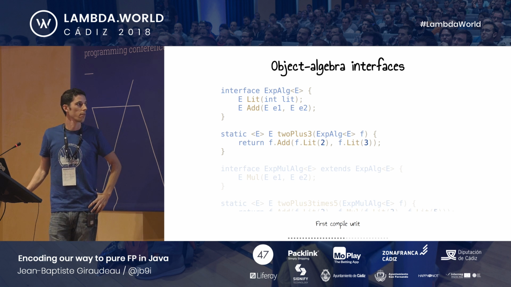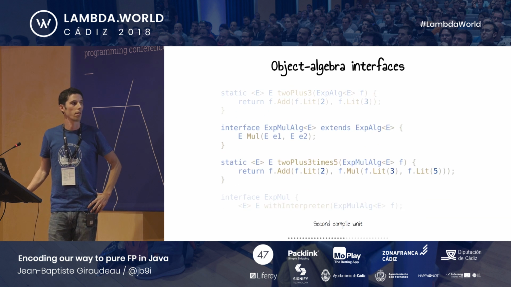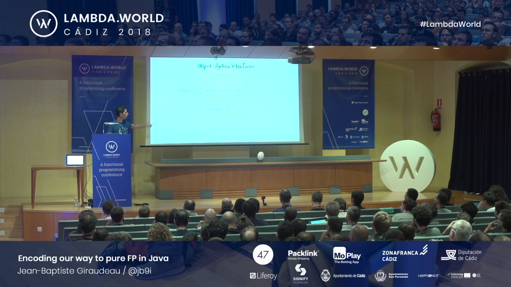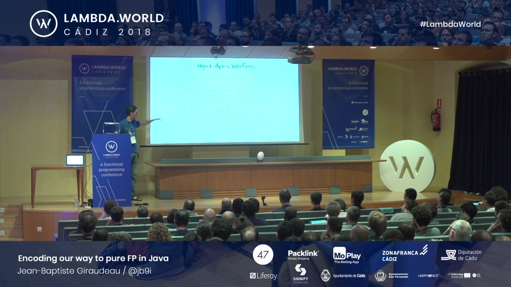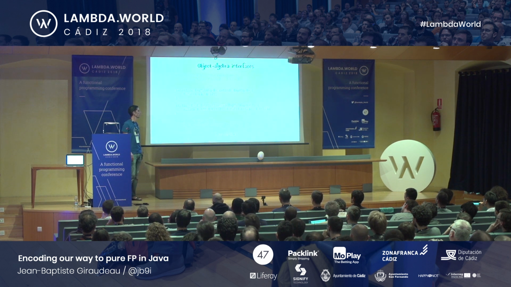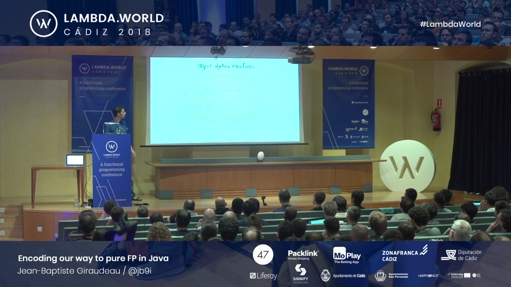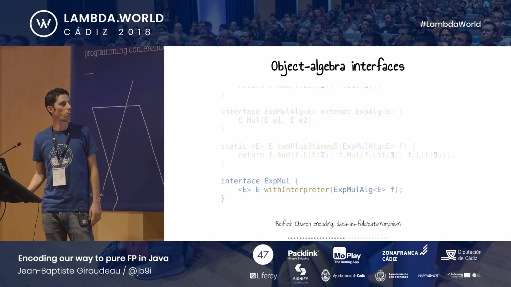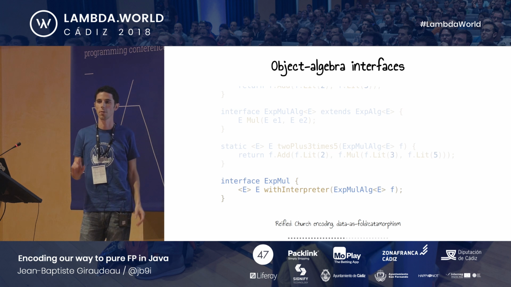What is nice with this style is that you can easily extend it. So here we extend the original algebra with the multiplication case, and we create a new program that makes use of this case. If you want, you can reify this program into a value. And as you can see, it's very similar to a Church encoding.